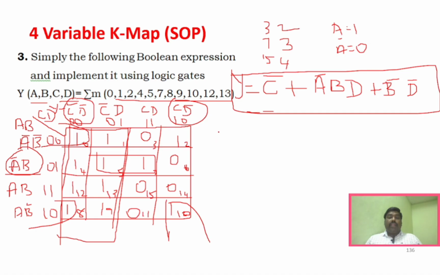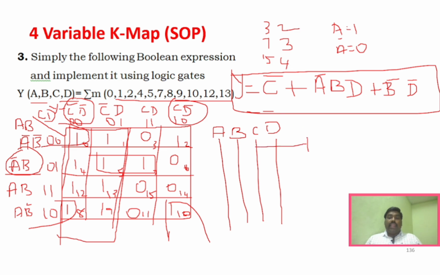So we put A, B, C, and D, right? Now what you look at first is C bar. So I'll take C and a NOT gate, right? No other product here, so only C.